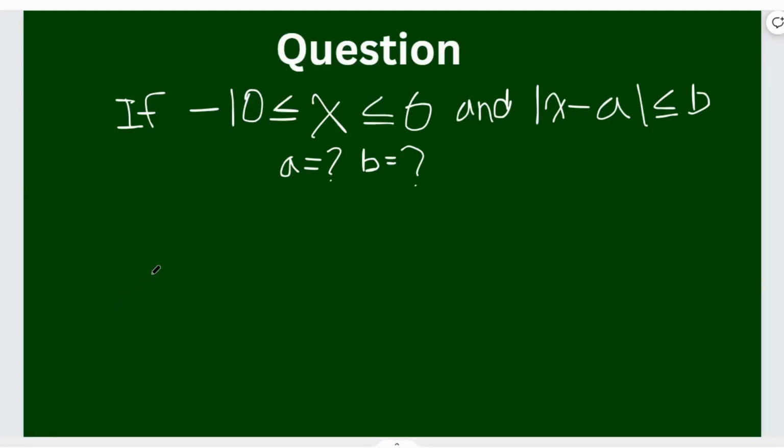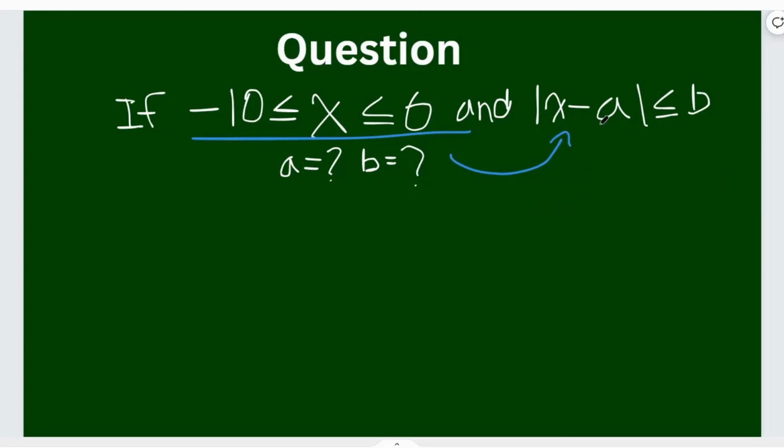If negative 10 is smaller or equal to x, which is smaller or equal to 6, and the absolute value of x minus a is smaller or equal to b, what is the value of a and b? Well, here we have to realize that this inequality can actually be written in this form. So, how do we do that?